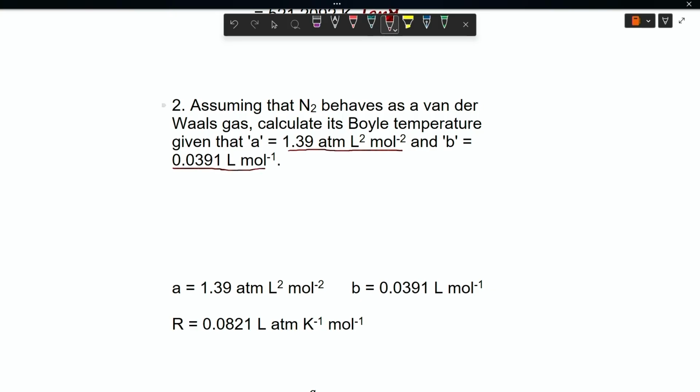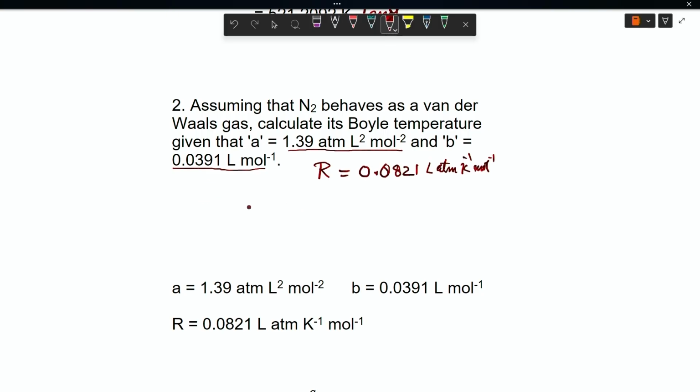Now, here we have a problem. The values given here are all in liter atmospheres. So, we will have to take the value of R in liter atmospheres, that is 0.0821 liter atmospheres per Kelvin per mole.